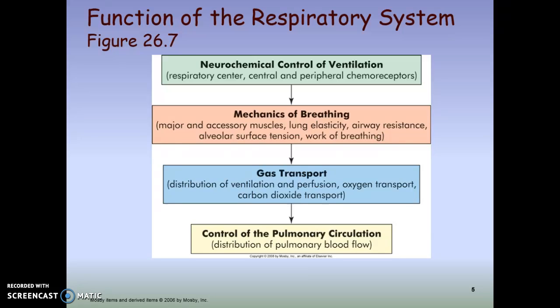All right, just some functions of the respiratory system in terms of linking the brain, the neuro control of breathing, physical mechanics of breathing, gas transport, and then pulmonary circulation. So you have 3 systems that are working quite intimately with each other.